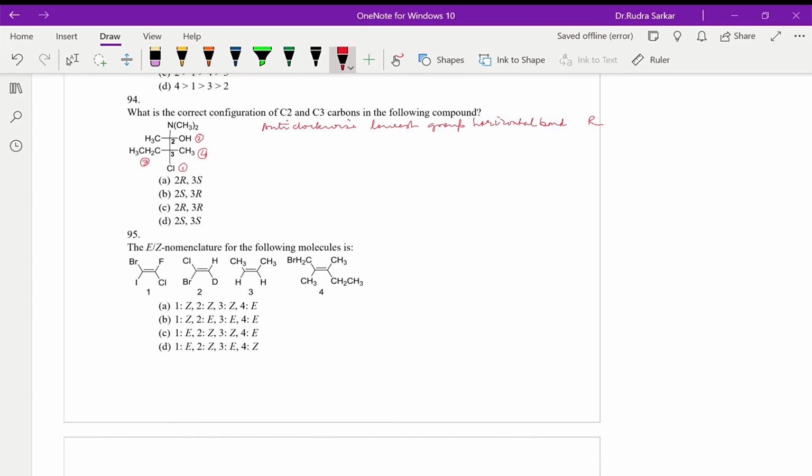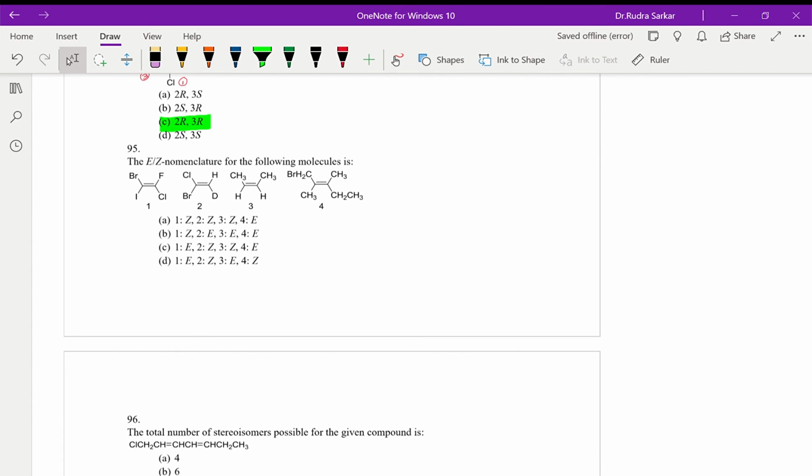So we are going again in the anti-clockwise direction. Again, when the methyl group, which is the lowest priority group, is in the horizontal plane, this one also will be R. So it will be 2R and 3R. So the answer will be C, that is 2R, 3R.